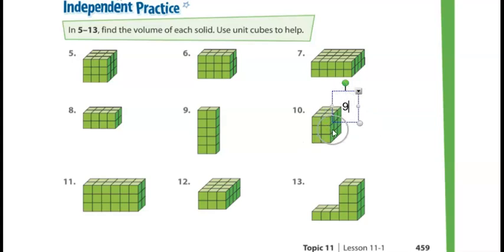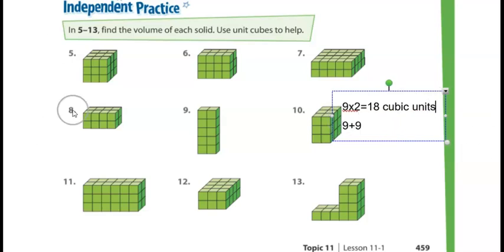So think of this as like a cereal box that has a volume of 9, and then another cereal box laid right next to it that also has a volume of 9, which would be 9 times 2, or like they did earlier, 9 plus 9. And either one of these strategies is going to give you the exact same answer because 9 times 2 is 18 cubic units.